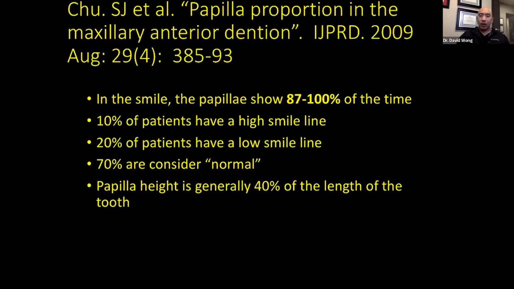They show more than 4 millimeters of tissue in their high smile line. 20% of patients have a low smile line, and 70%, which are considered normal, is where their lip hits right at the gingival margin. So the papilla height, once again, is generally 40% of the length of the adjacent teeth.